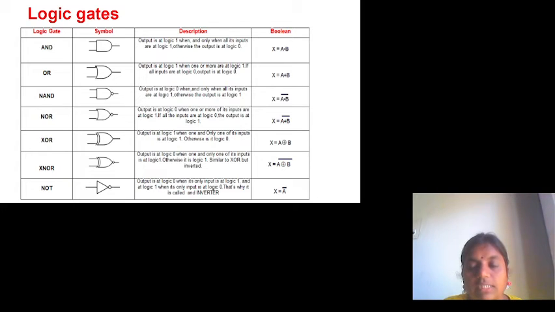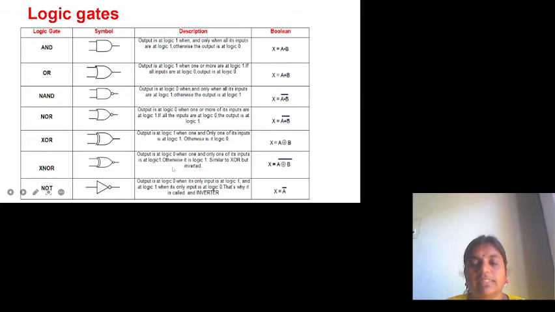The Boolean expression for the XOR gate is A XOR B, represented with the symbol like this. For XNOR, an inversion bubble is added to the XOR symbol, and A XOR B whole complement is nothing but XNOR.